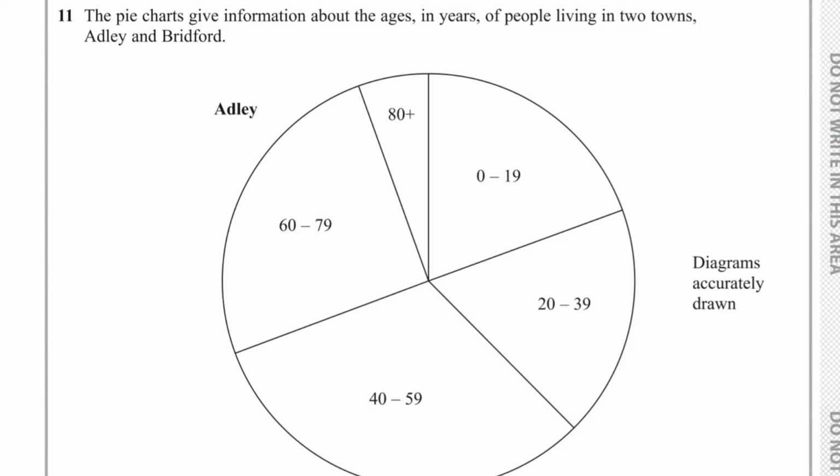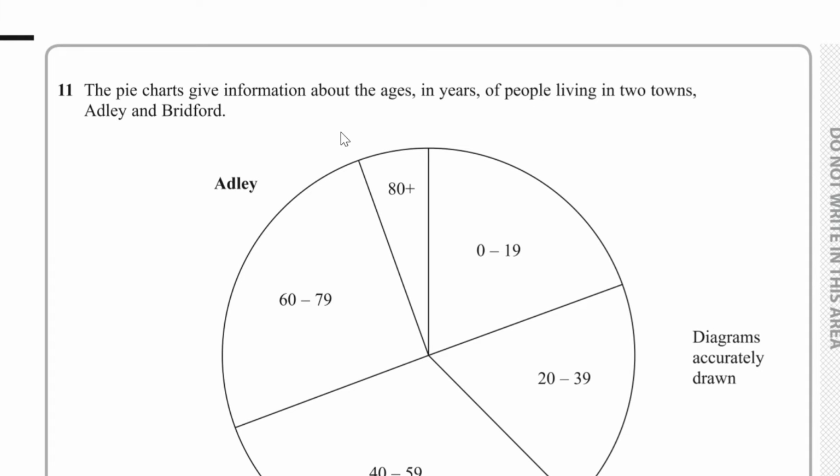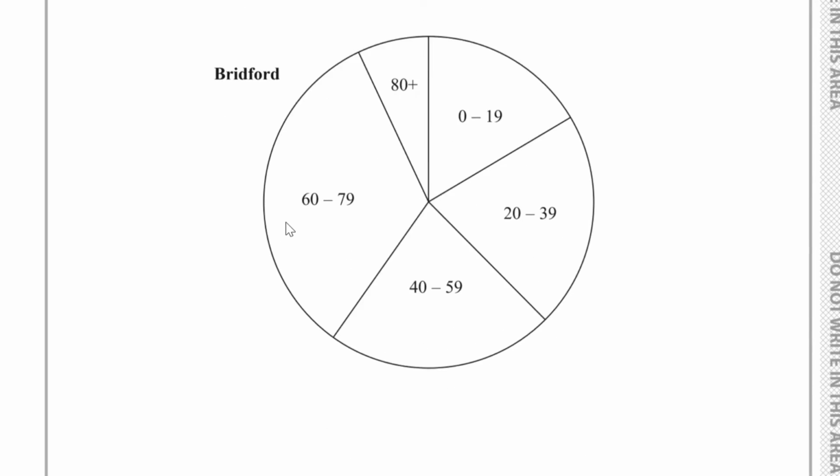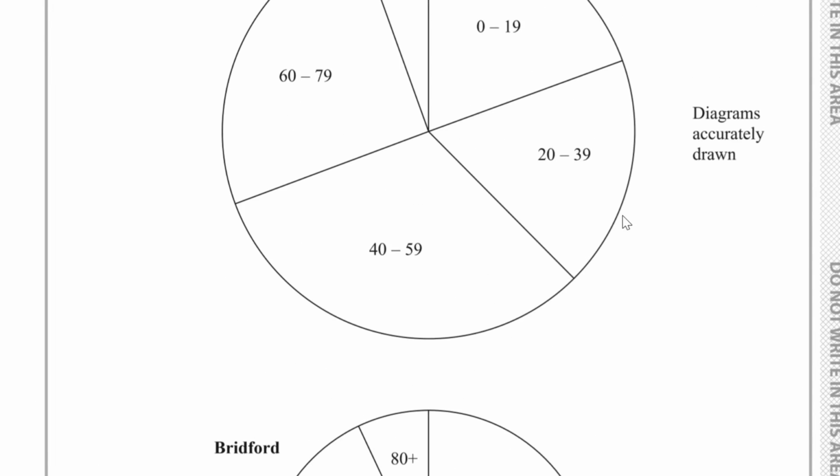Question 11. The pie chart gives information about the ages in years of people living in 2 towns, Adley and Bridford. And that's what we see here. And what's important to note is that the diagrams have been drawn accurately.